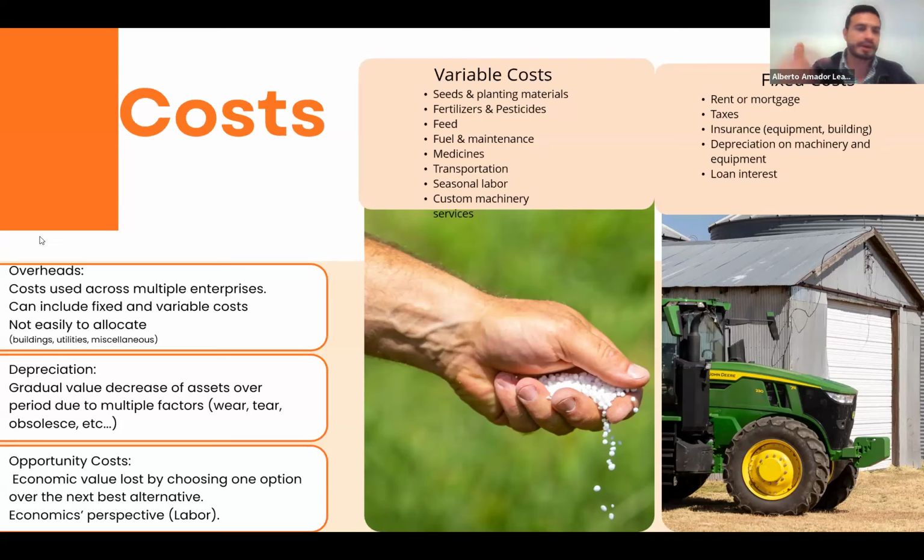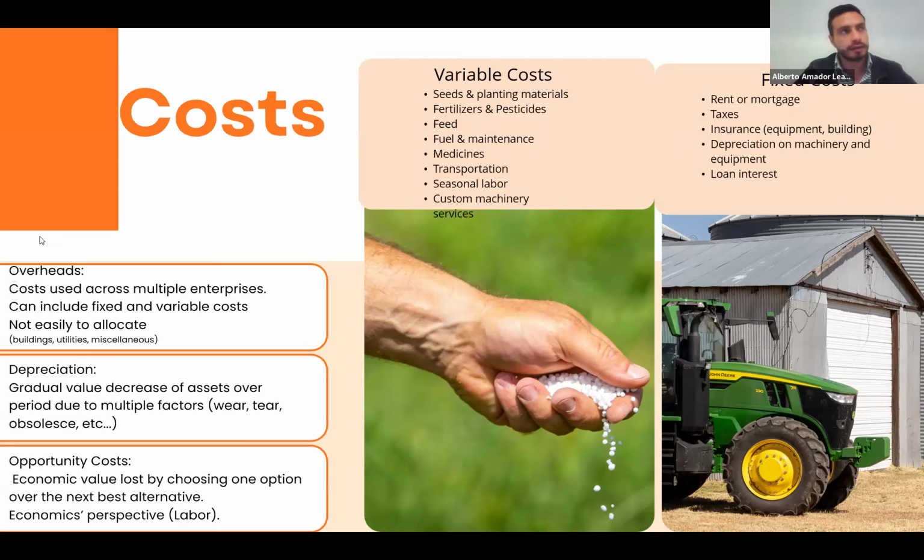For example, the barn, or if you have an employee who is responsible for record keeping or budget, he will work on different areas, because usually a farm has different centers of cost.